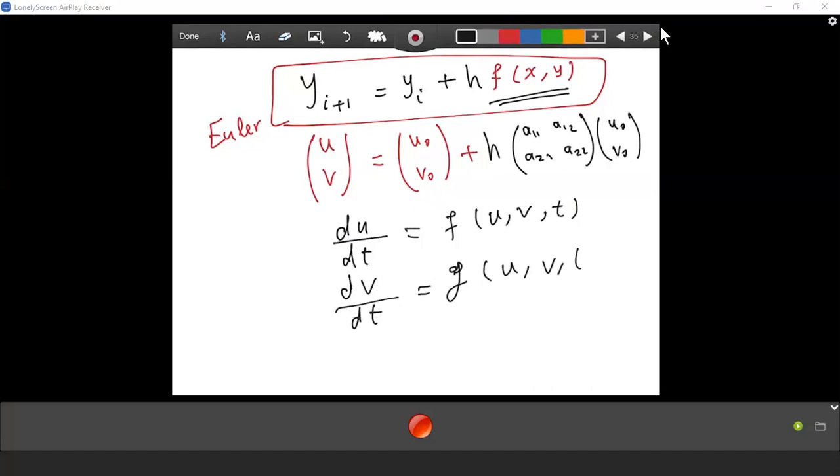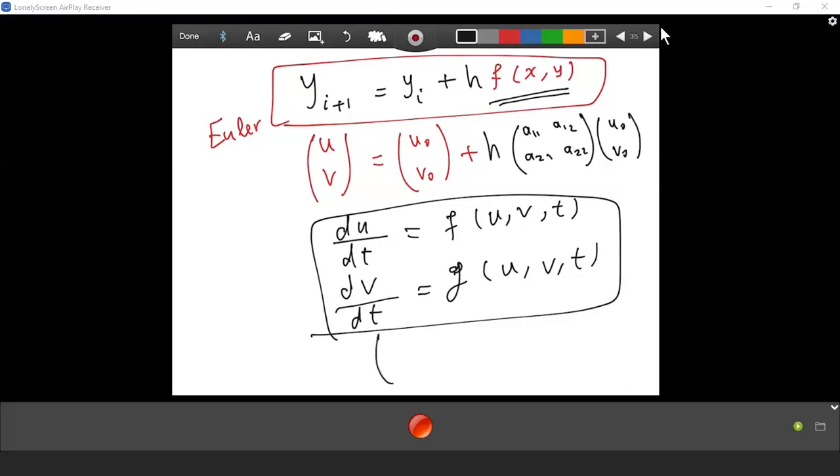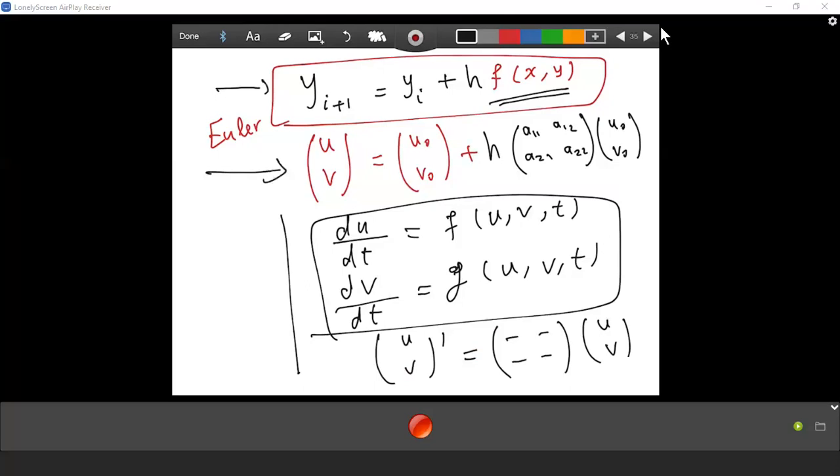So this can be transformed into the system (u, v)' equals a coefficient matrix A times the variable vector. This coefficient matrix must be square. To solve this system of differential equations, you can use Euler, but instead of this formula, you use the vector formula like this one.